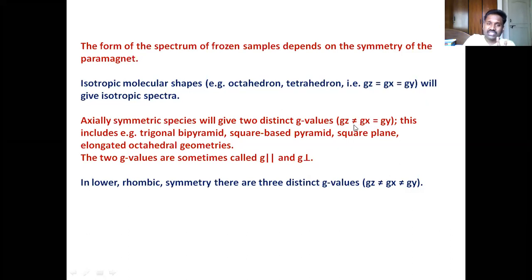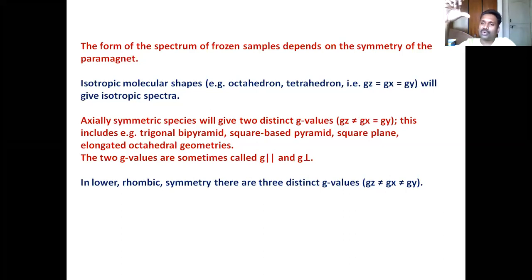What are the examples of such complexes? Trigonal bipyramidal, square pyramidal, square planar, and elongated octahedral geometries. So I was talking about elongated octahedral with the example of the MA4B2 complex. Now instead of replacing two ligands differentially on the axis, you simply remove them.